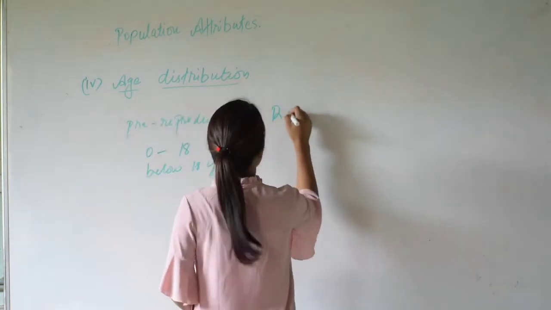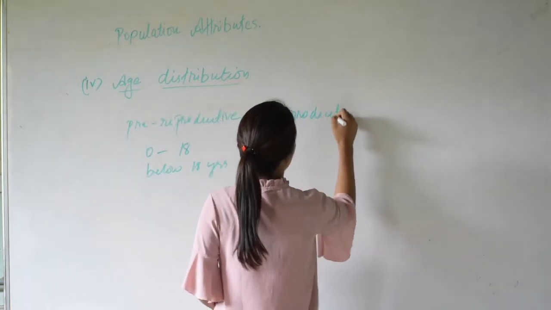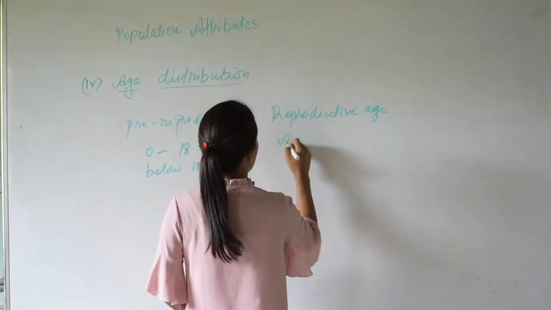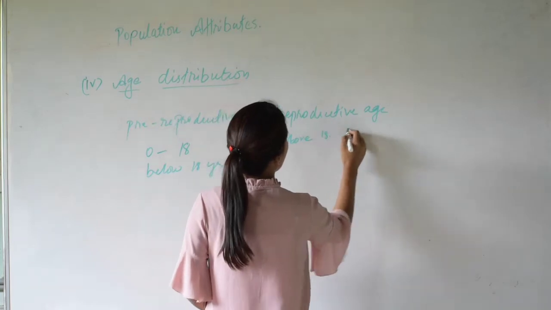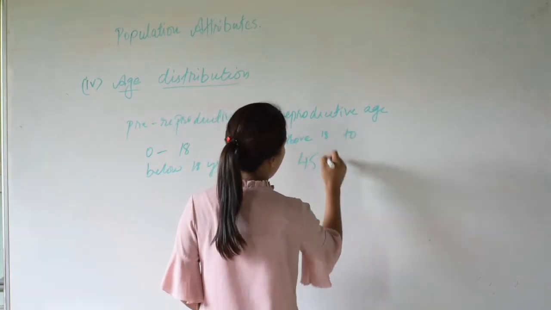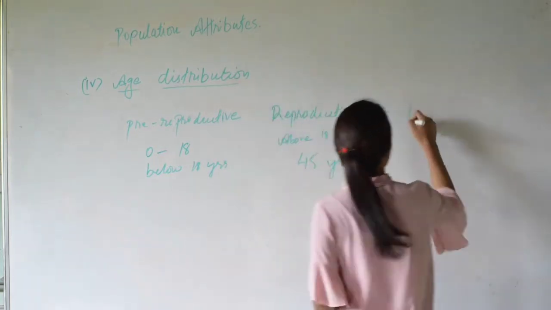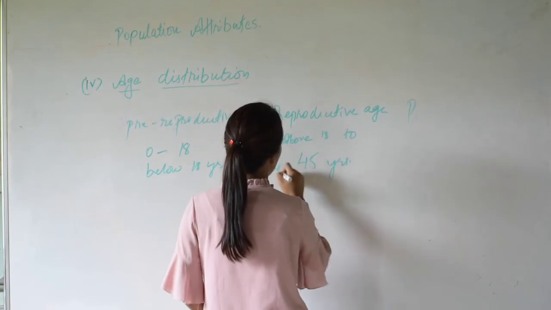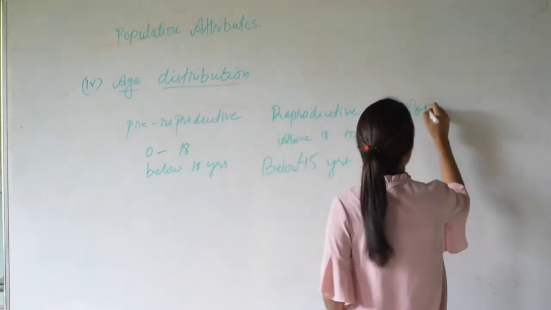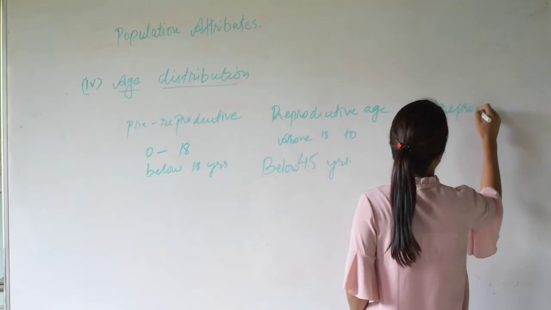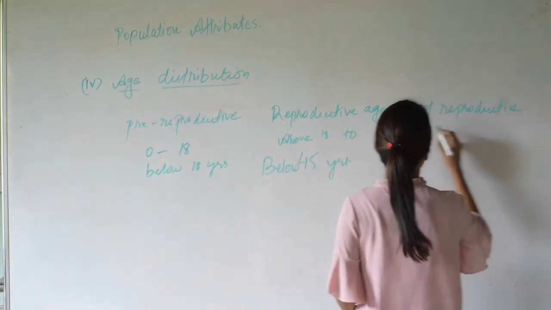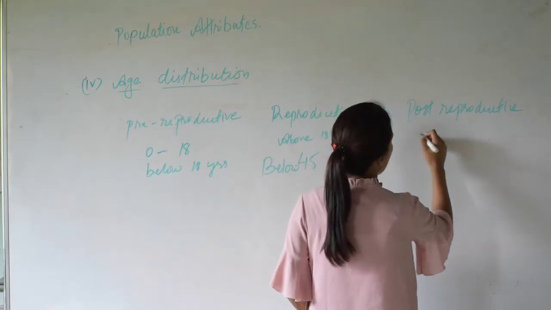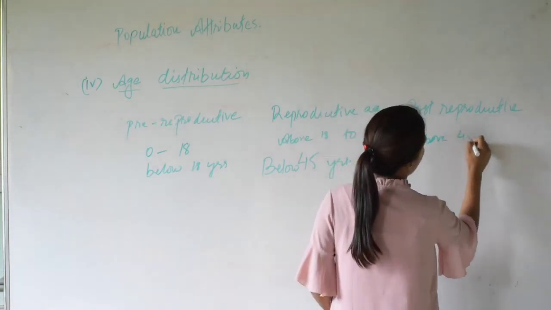The reproductive age group can be above 18 to around say 45, and the post-reproductive age group, in the case of humans, can be above 45 years.